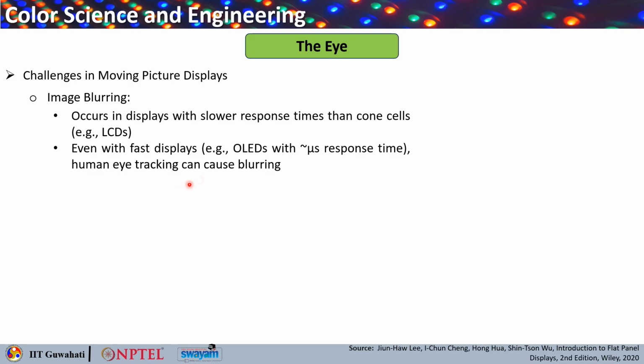Even with fast displays, something like OLEDs, where you have microsecond response time, that means the OLED displays can get refreshed very quickly, human eye tracking may cause blurring.